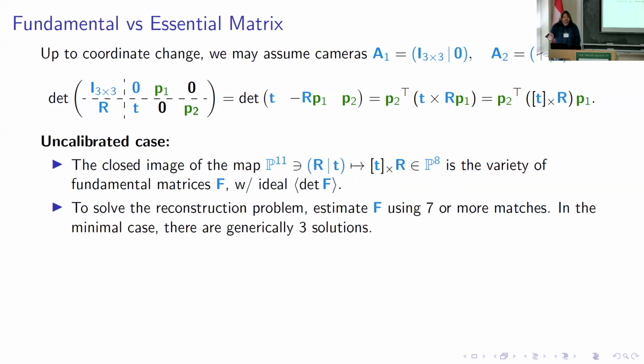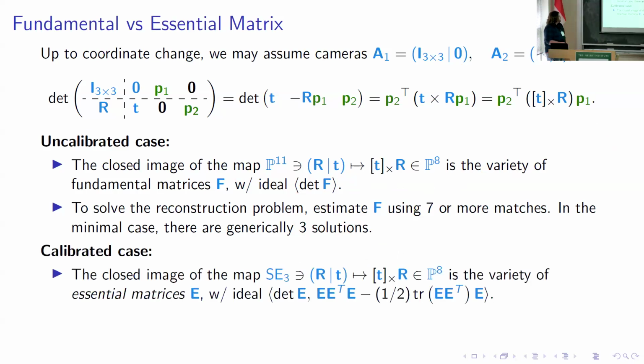So that's the uncalibrated case. What about the calibrated case? Well, here our camera matrix lives in SE3, so we have a similar looking map, different domain, and we could ask what the implicit constraints are. So we still get the determinant, but then there are these 9 other funny looking cubic constraints.